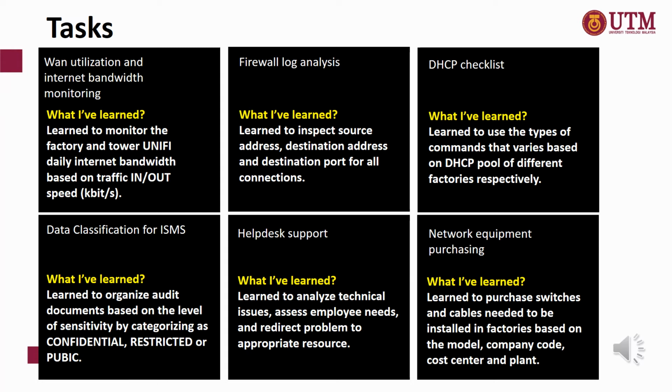This task is to do the purchasing of switches and cables to be installed in factories. This purchasing should be done by filling in the case report form and asset maintenance form according to the company code, cost center, and plan that vary respectively for each factory.